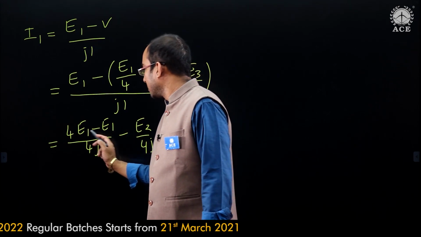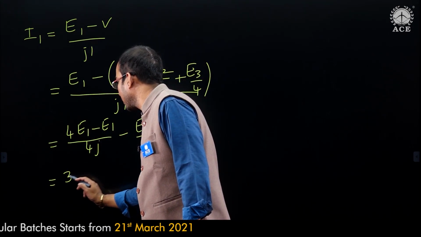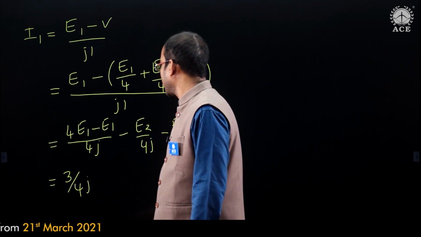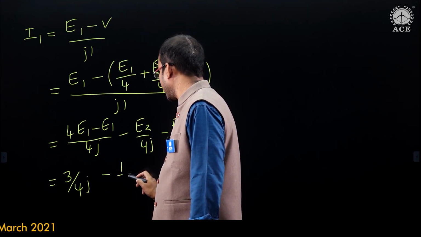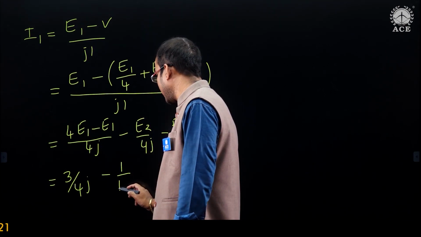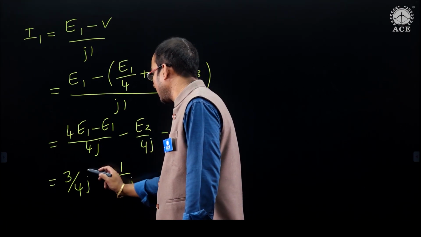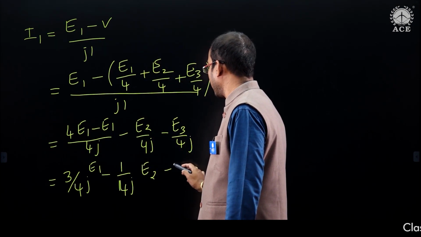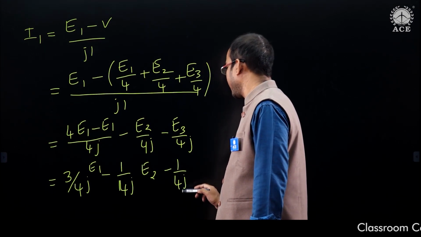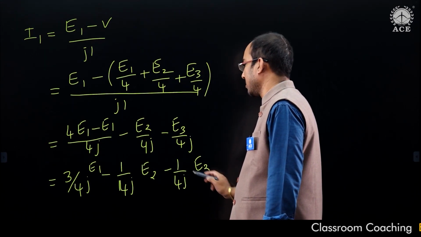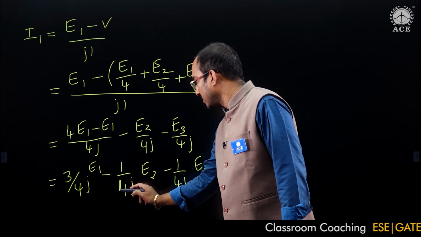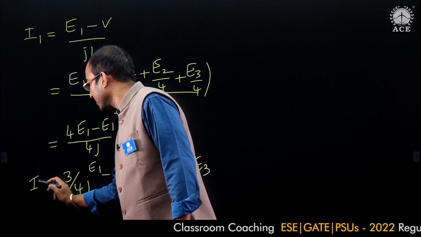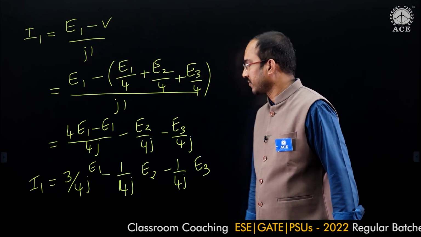So we get 3 by 4J E1 minus 1 by 4J E2 minus 1 by 4J E3. So this is the equation for current I1.